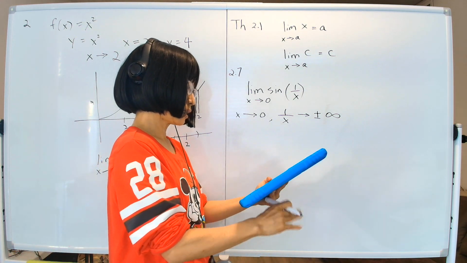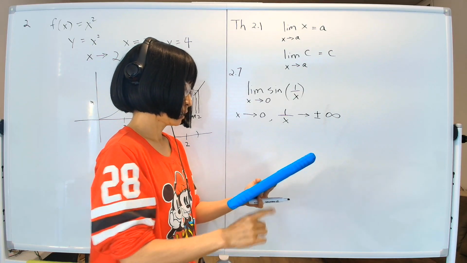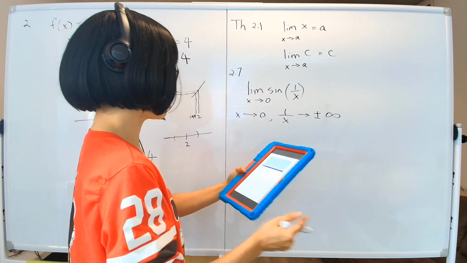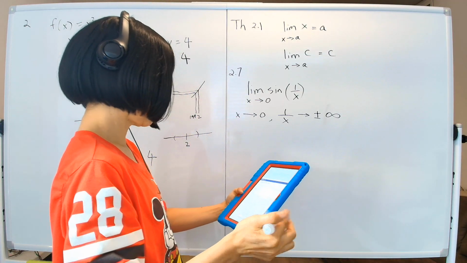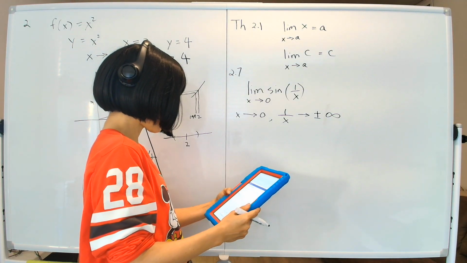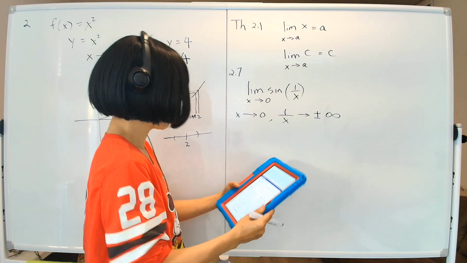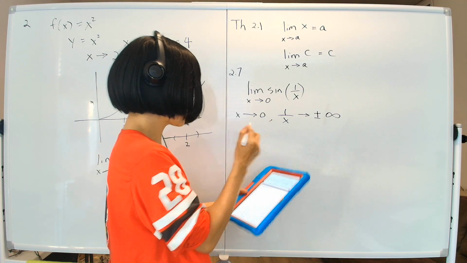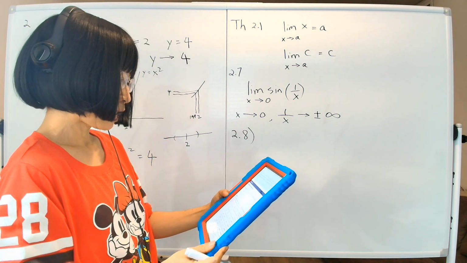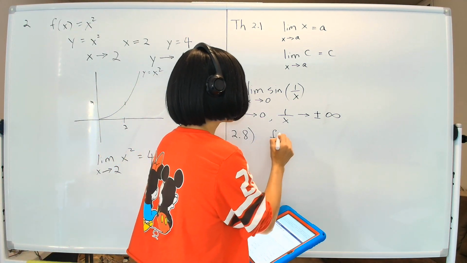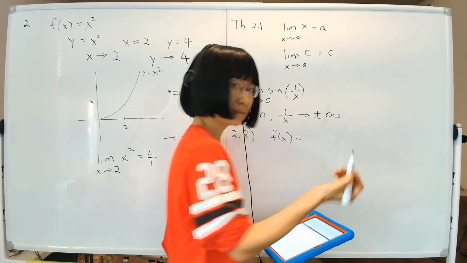That is a one-sided limit. Okay. Here's another situation of limits. The one-sided limit is, let's consider example 2.8, where you have f of x equal to two expressions.